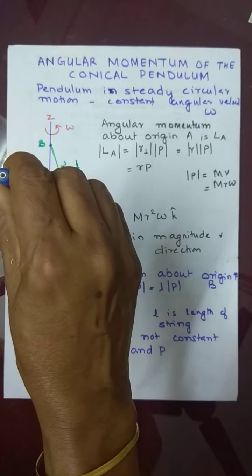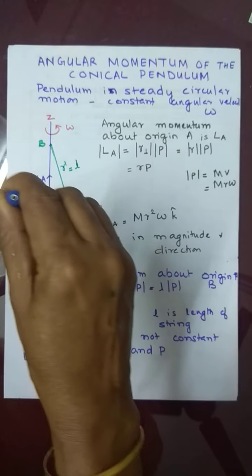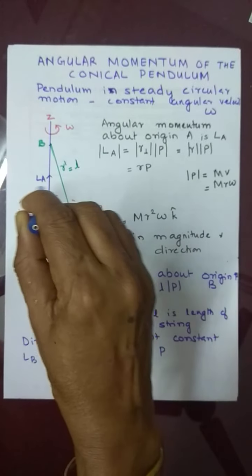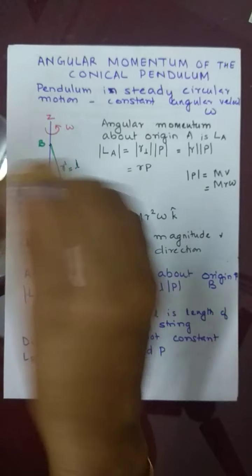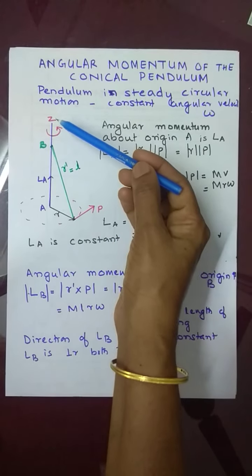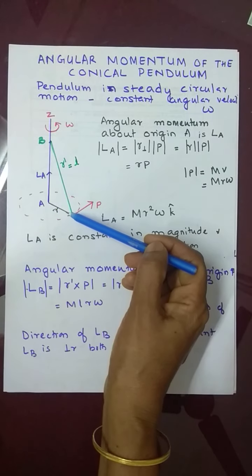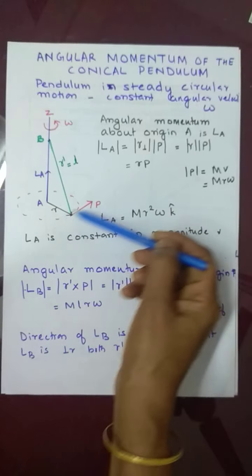If you imagine this as the conical pendulum, it is rotating, the tip tracing out a circular path, fixed at one end. That is drawn here. It is rotating about the z-axis. This is the radius of the circular path the conical pendulum is tracing out.